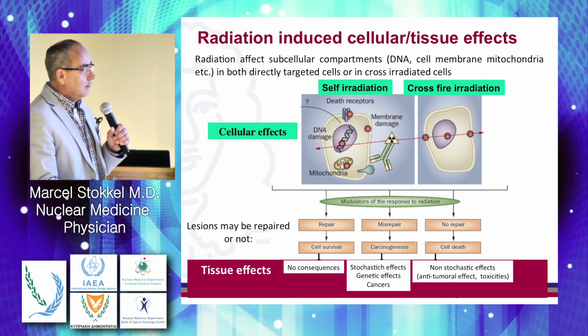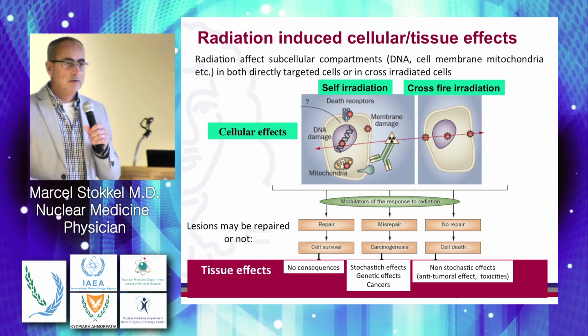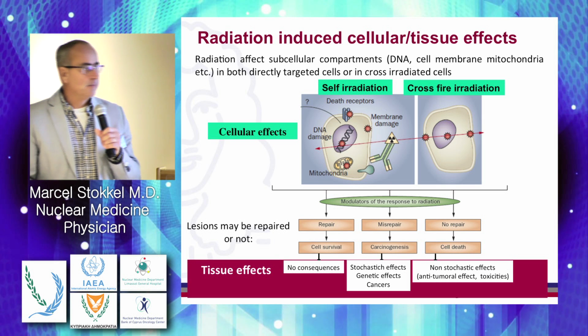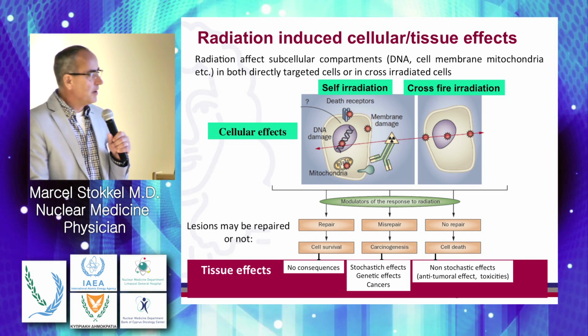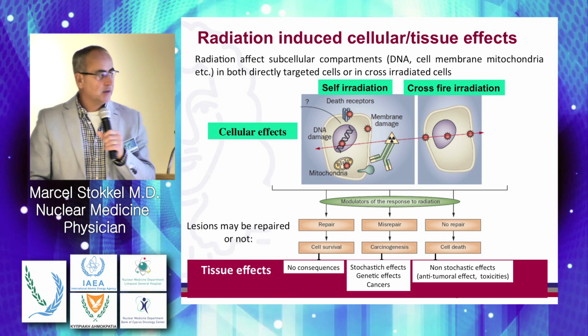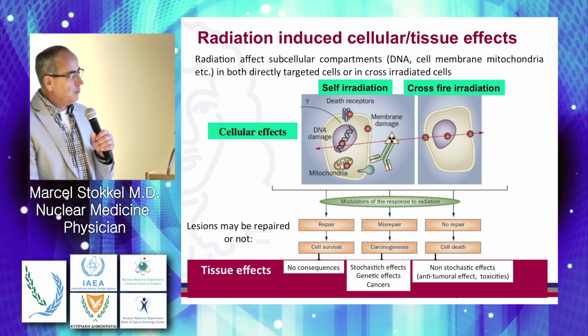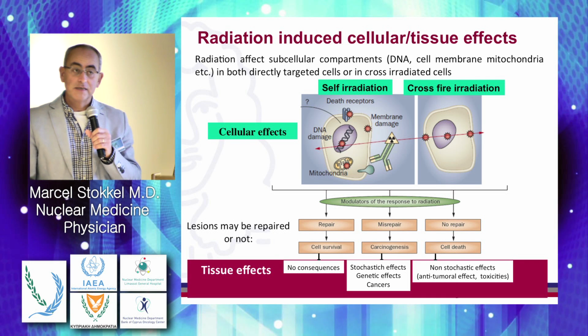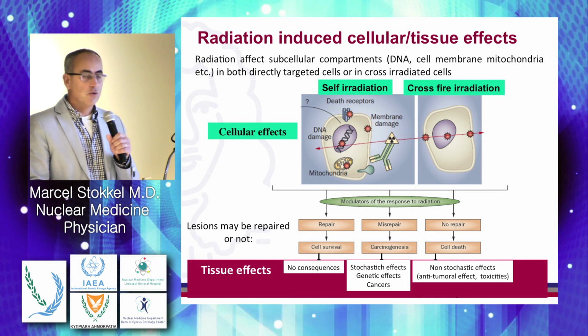When there is damage to the cell, it depends on the repair mechanisms of the cell what will happen thereafter. Either you may observe a complete repair that may end up in a cell survival. It has no consequences.